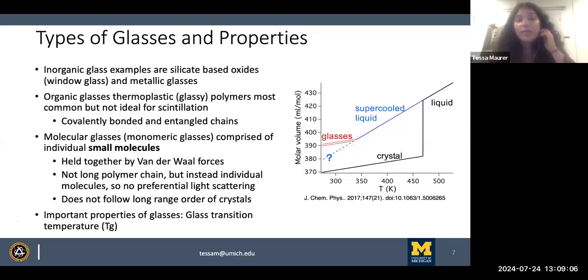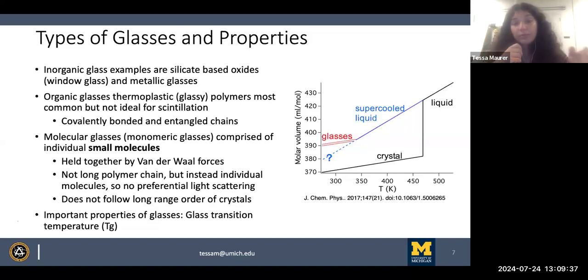And so the glasses that we're more so looking at for organic glasses that scintillate are molecular glasses or monomeric glasses. And they're comprised of individual small molecules. So that's the key, the small molecules piece. And this is a material science term. What we mean by that is that we don't have a long polymer chain, but instead individual molecules that make these up.